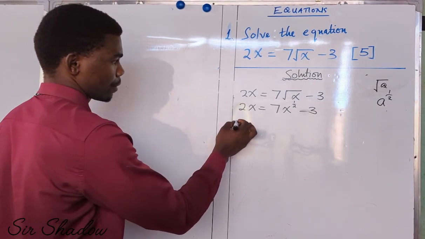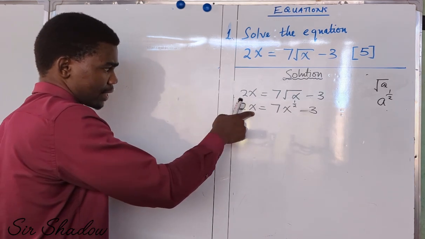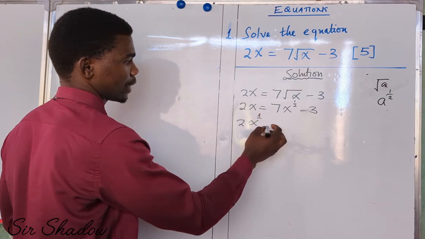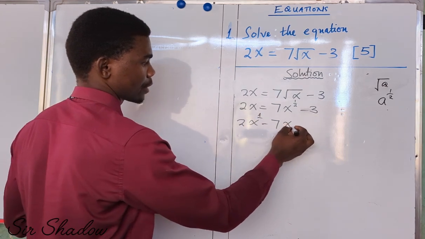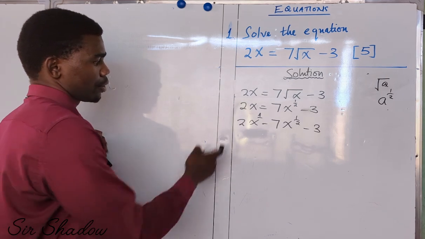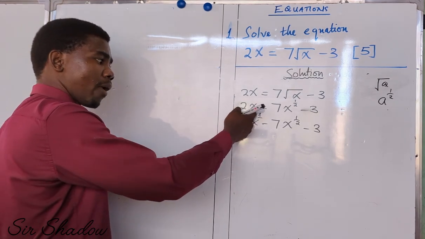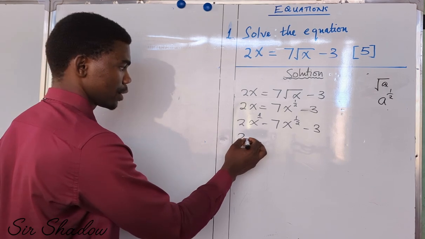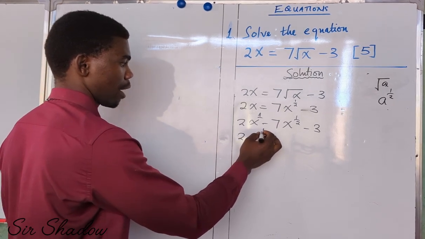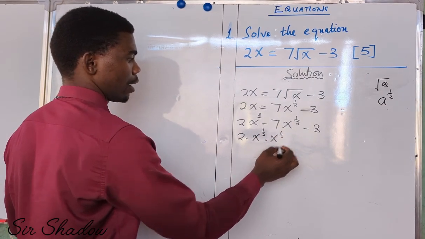So this becomes 2 times x to the power 1, remember x is representing x to the power 1, minus 7 times x to the power half, minus 3. So this becomes 2, x to the power 1, which is the same as x to the power half, x to the power half.